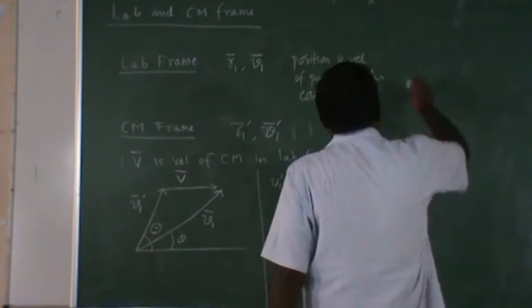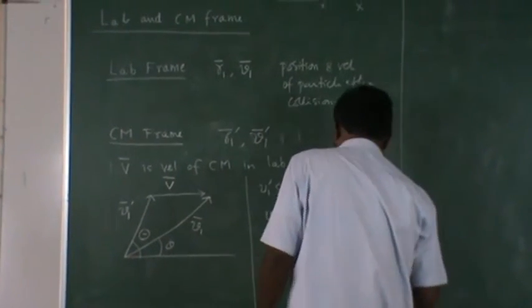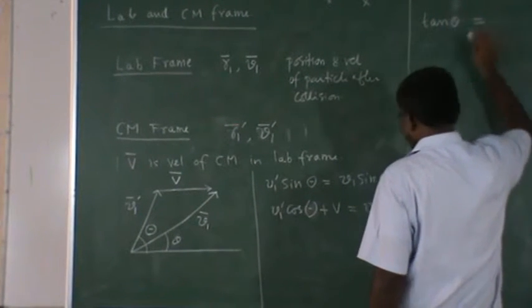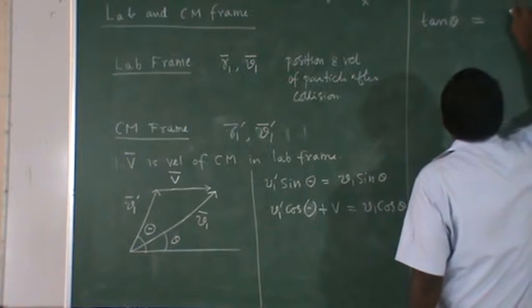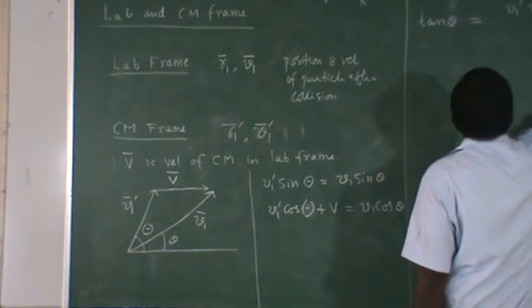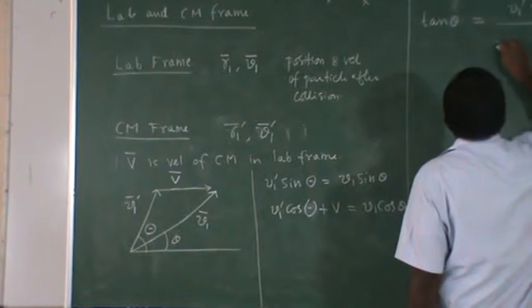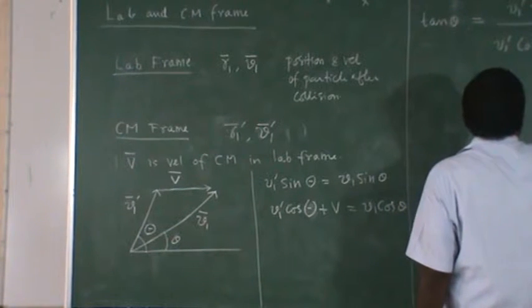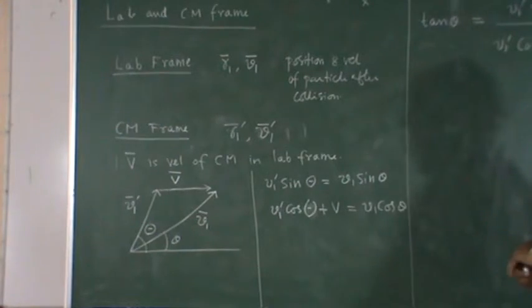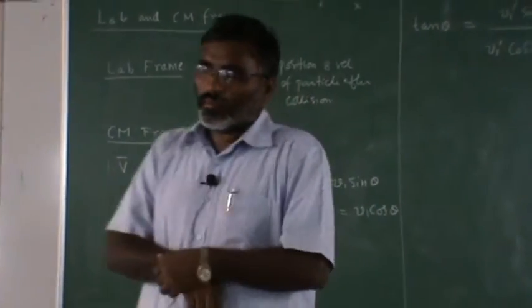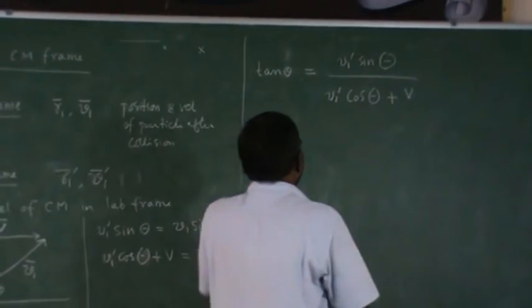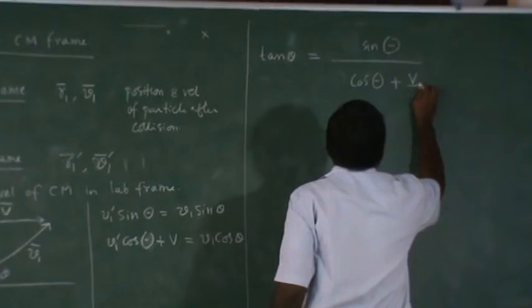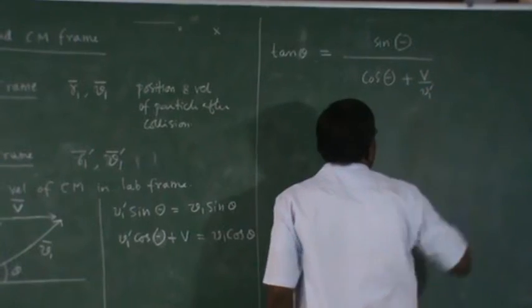Now, you can immediately write down tan theta is equal to V1 prime sin capital theta divided by V1 prime cos capital theta plus V. Or I could have removed this and written this as V by V1 prime.